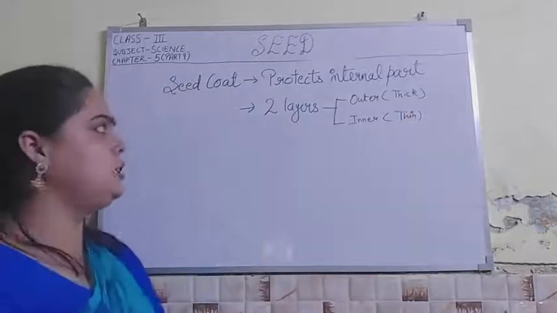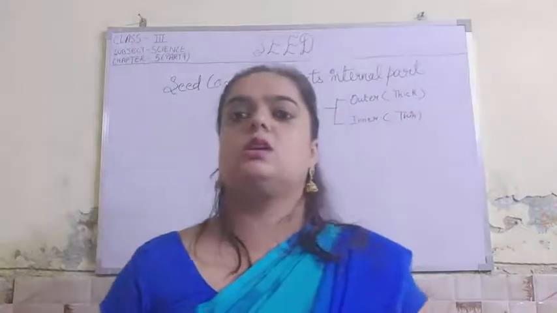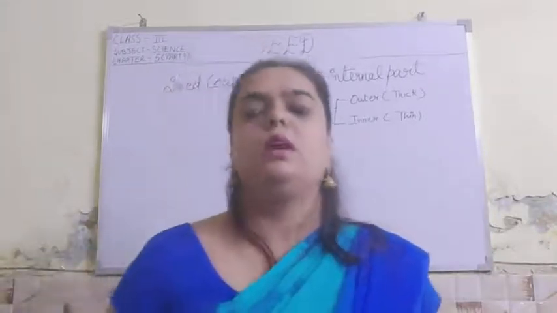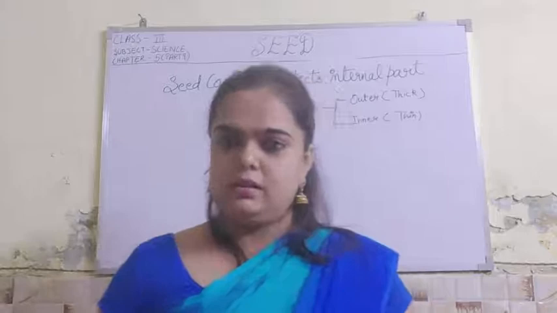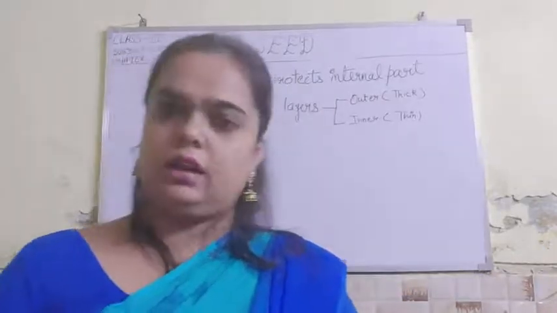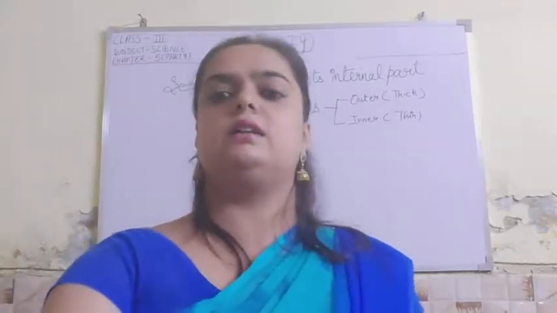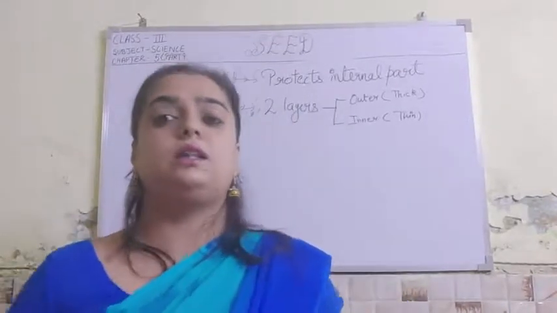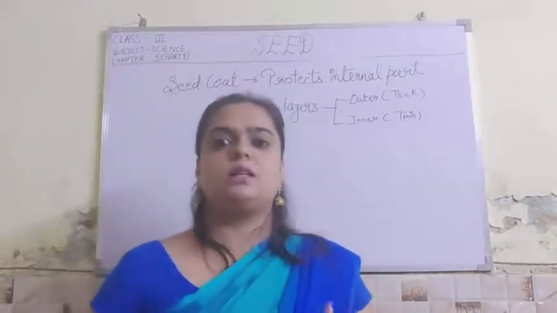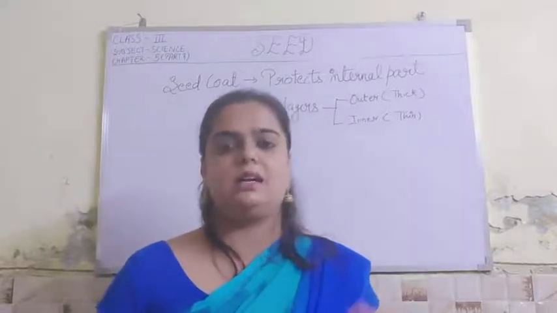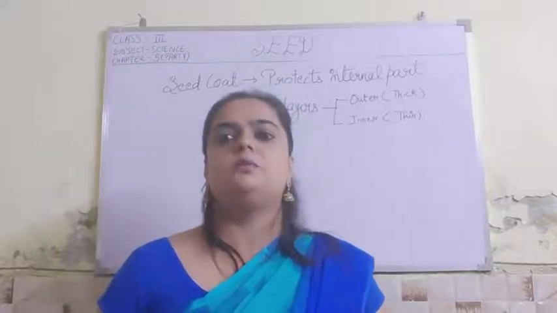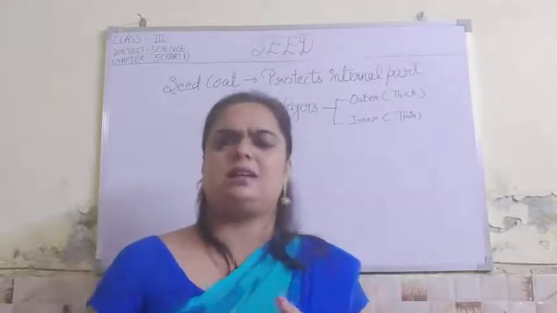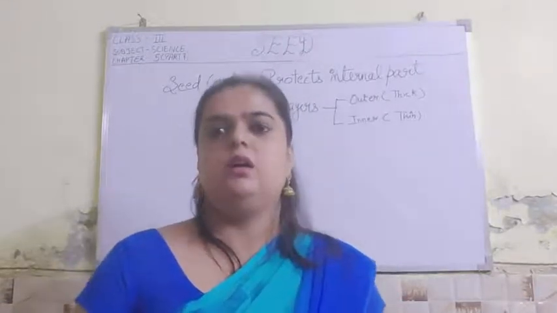A seed coat is used to protect the internal parts of a seed. A thick seed coat protects the seed from sunlight and water. It prevents the loss of water and the entry of parasites within the seed.